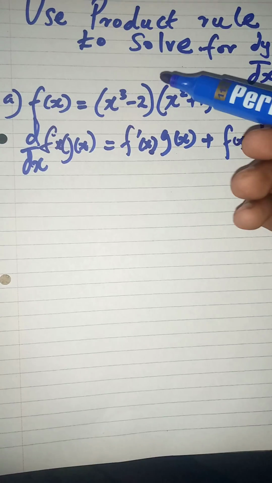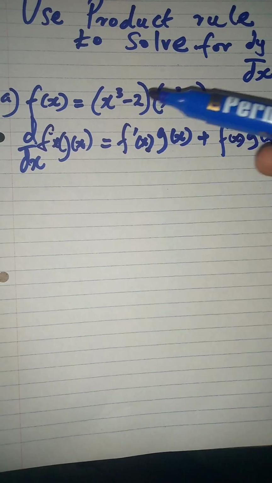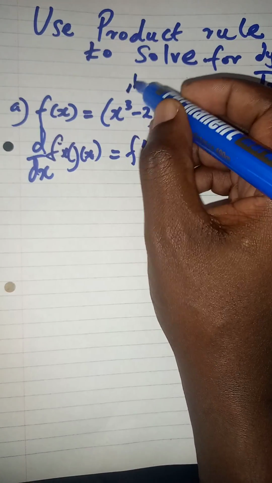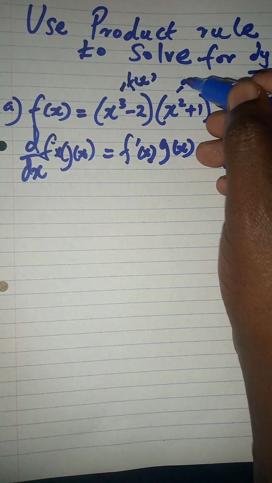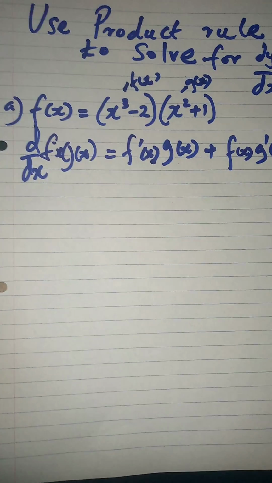So for my case, the function f of x is equal to this. I'll let this one be my f of x, and the second part be the g of x.